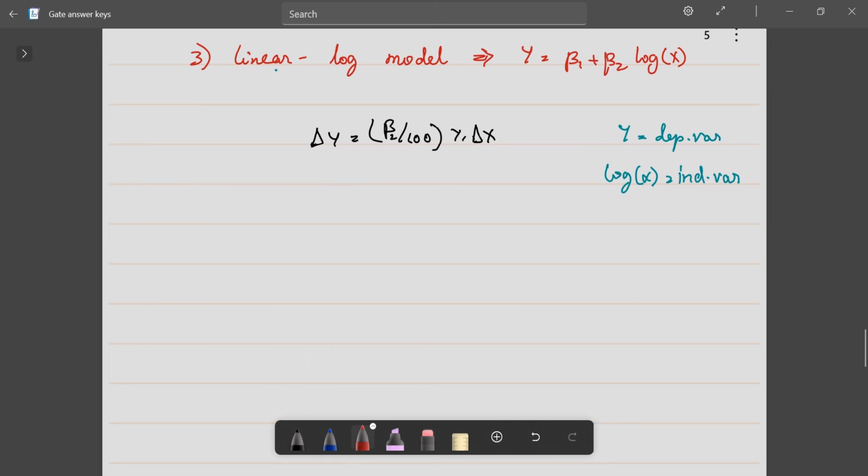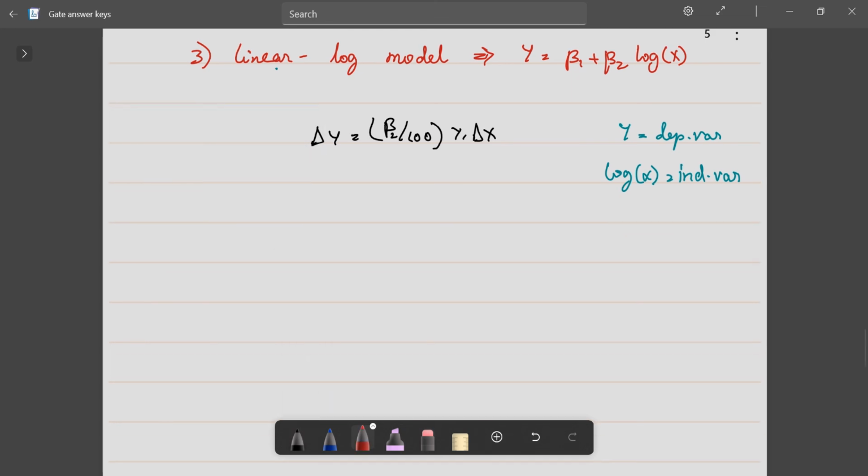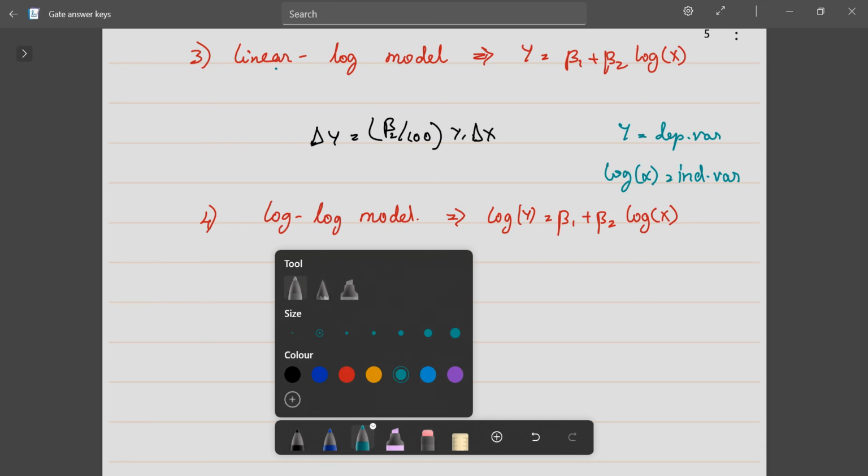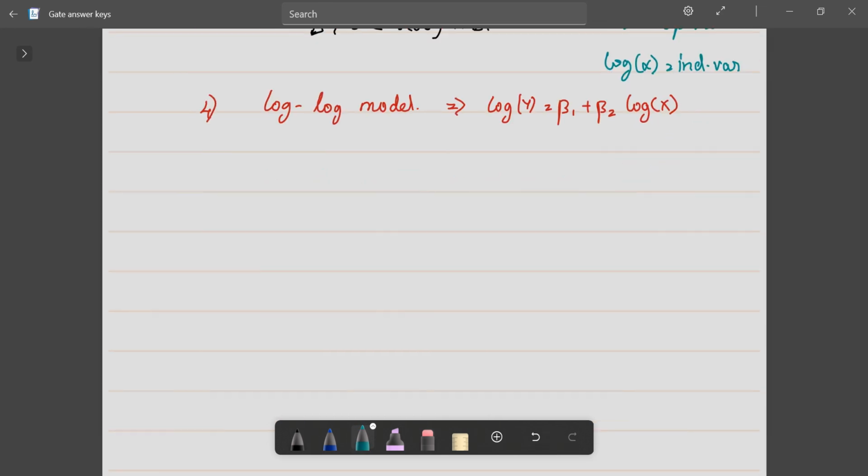Now we are moving on to the last form, which is double log model. Here the general form is log y is equal to beta 1 plus beta 2 log of x. So what is the dependent variable here?